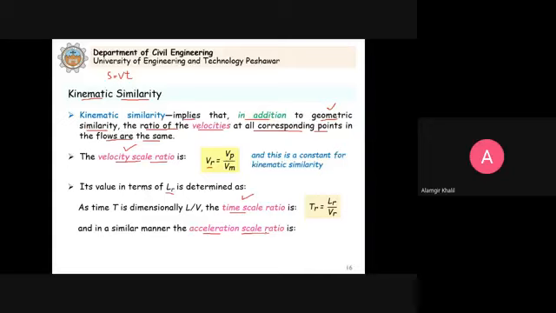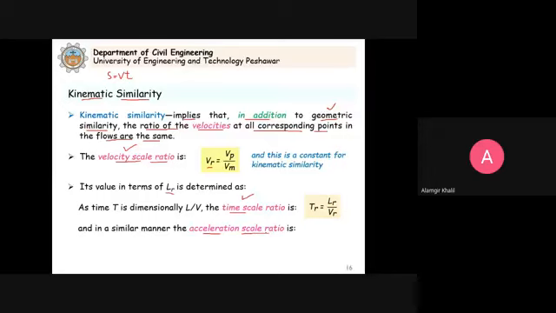Clear? This is also a topic in your textbook, and a very big table is provided for the different quantities that we will study later on in this lecture. There, these scale ratios are developed for different parameters.